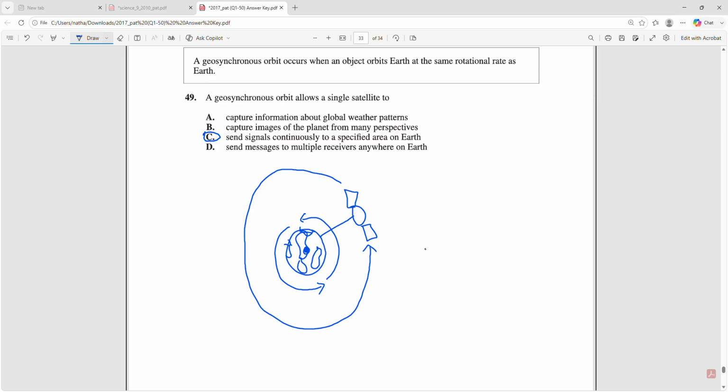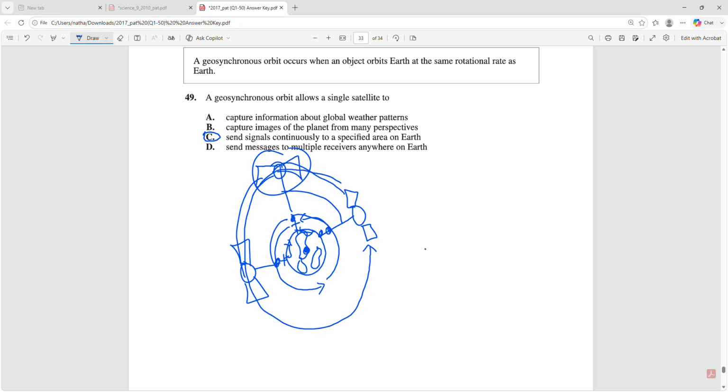And so as we turn, if I'm standing here and then the Earth turns, it's later in the day now, I'm standing here, this satellite has also traveled that same number of degrees, and it's going to always be above me. So when the Earth rotates and now I'm standing here, this is also rotating such that it's in a fixed position relative to where I am. Okay, so that's what they're talking about with geosynchronous orbit.